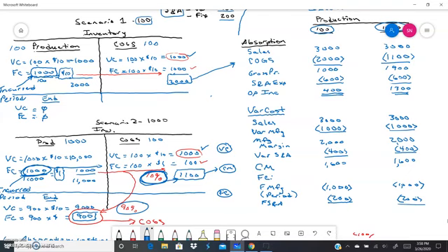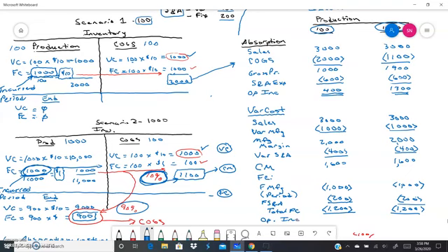That would give us total fixed costs of $1,200. If we take our contribution margin minus our fixed costs, we're going to get total operating income.